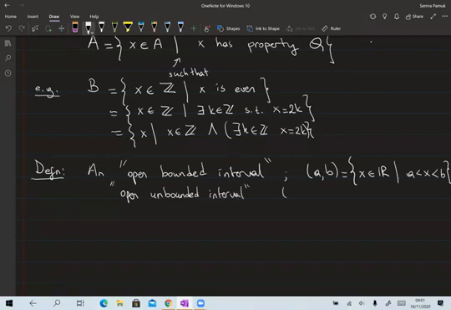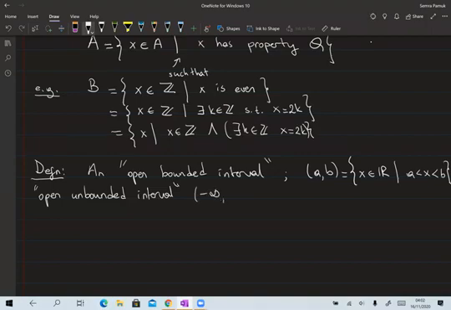Then the open unbounded interval. It could be two different things. It could be unbounded from the left, or it could be unbounded from the right, since there are only two directions on the real numbers.